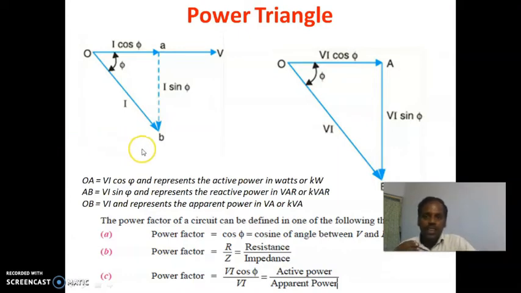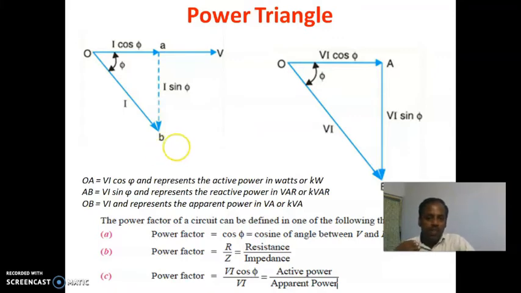In this power triangle, you see the three basic powers. VI cos phi is the active power, VI sin phi is the reactive power, and VI is the apparent power. The phasor sum of active power and reactive power is called apparent power.